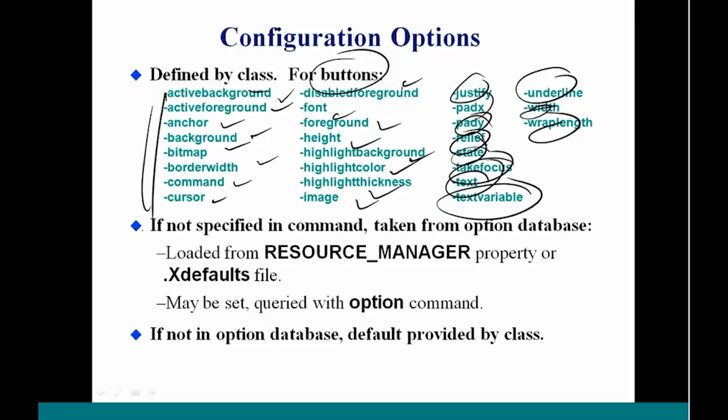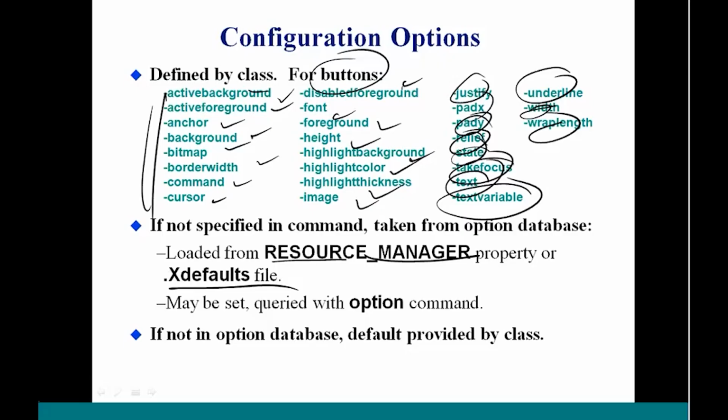So the options are not specified in a command. The options are taken from an options database. Usually it's the resource manager property or it just loads from the X defaults file. So once you have the button defined, if any configuration option is not specified on the command line, it takes it from the resource manager property or the X defaults file.